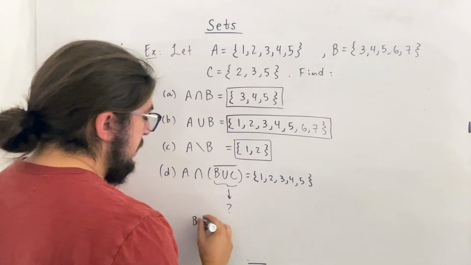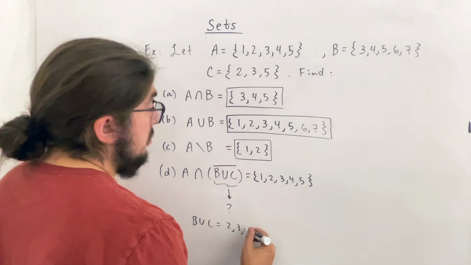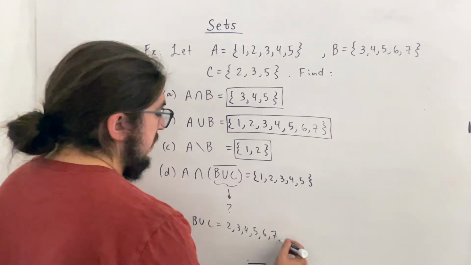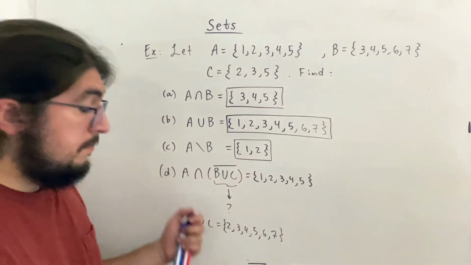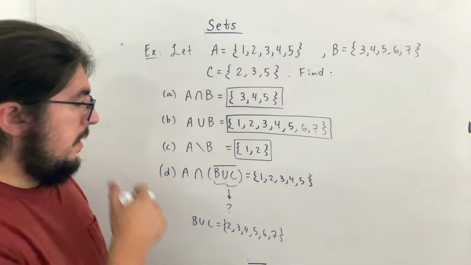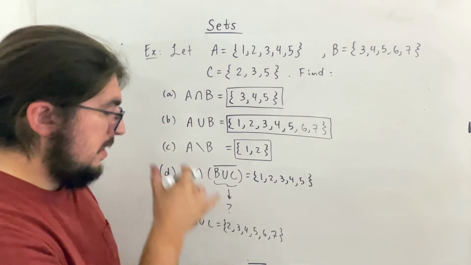So let me just say B union C is equal to 2, 3, 4, 5, because B includes 4, 6, and 7. There we go. So notice this is the set of all elements that are in B or C or in both.